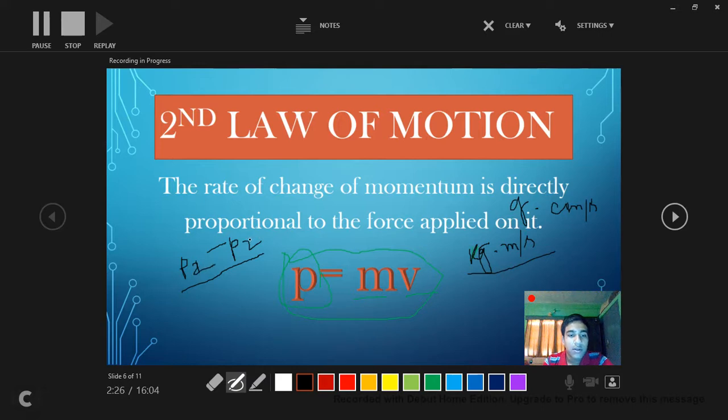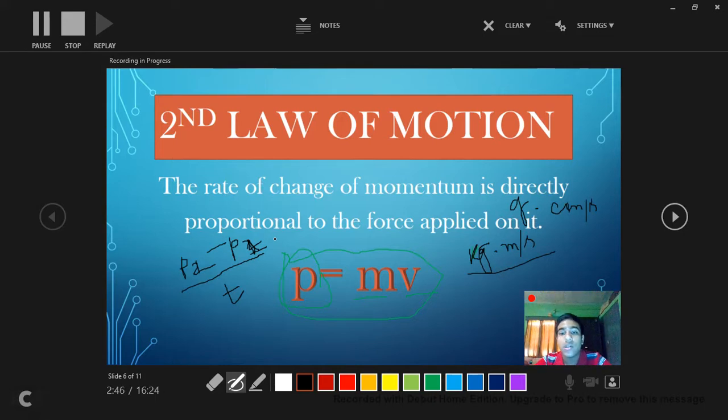Rate of change of momentum means only the change of momentum by time, P2 minus P1 by T. So we will prove it.